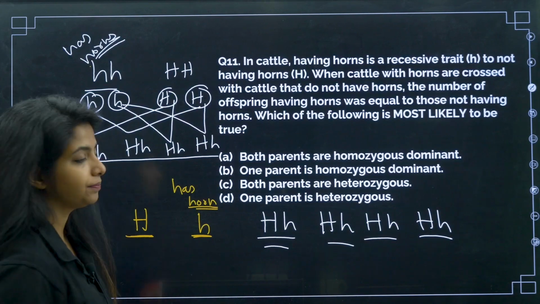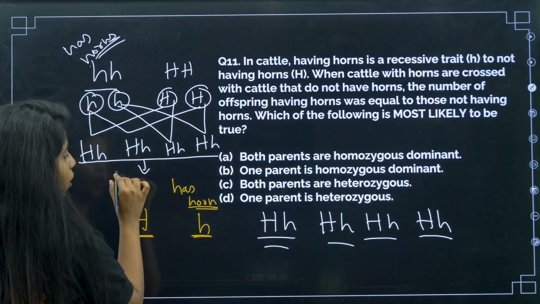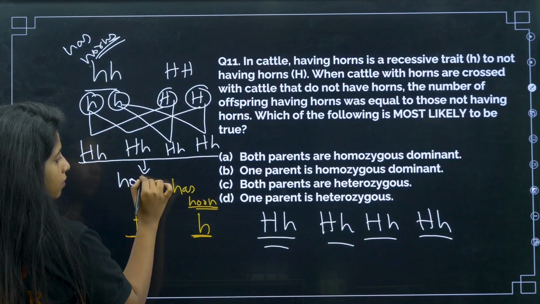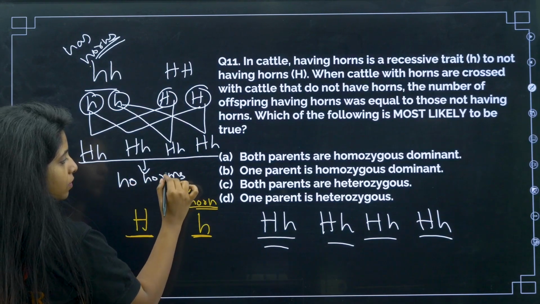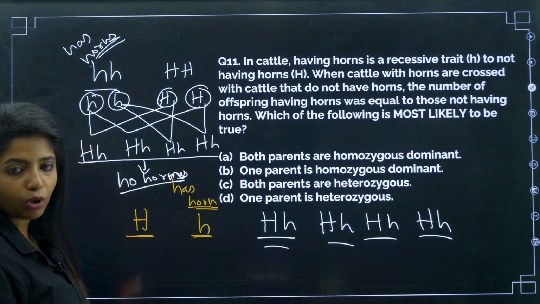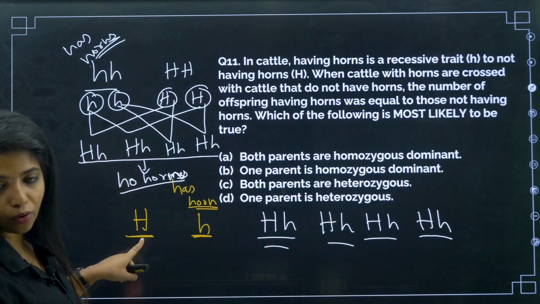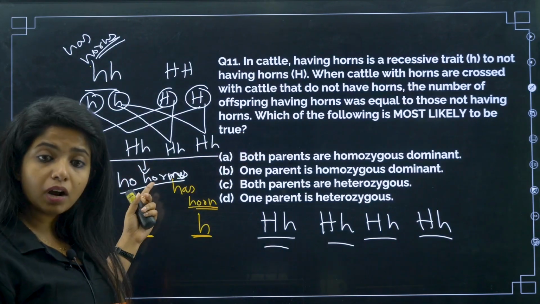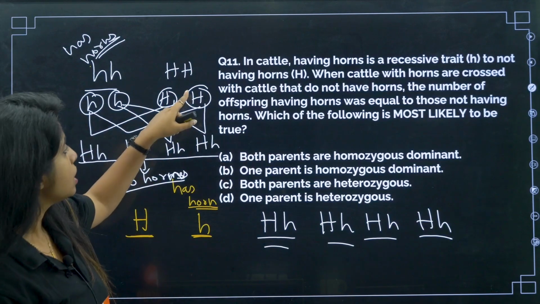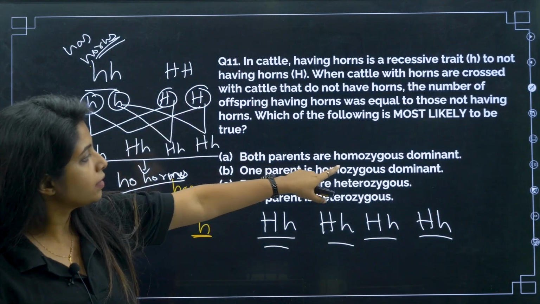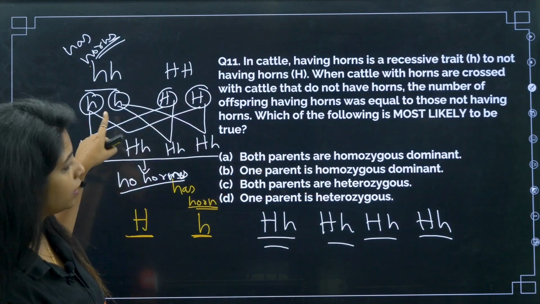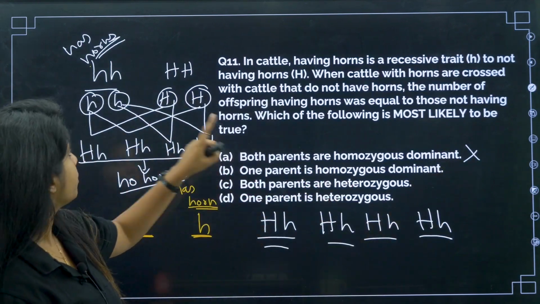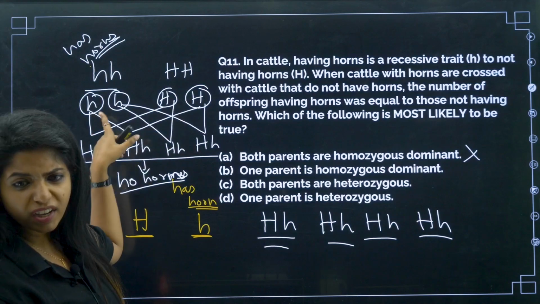That means all of them will not be having horns, because capital H means there is no horn, right? But over here half of them are having horns and half of them are not having horns. So this cannot be a condition. Both the parents homozygous dominant is obviously not possible. One parent homozygous dominant? Is one parent homozygous dominant?